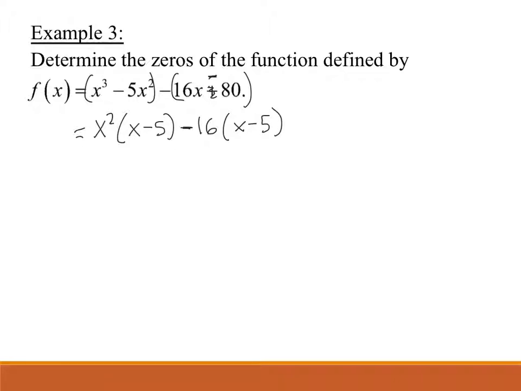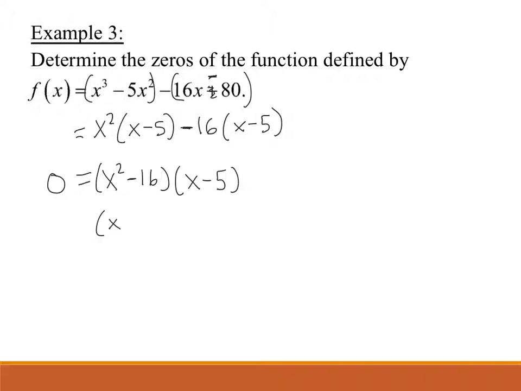And so this now becomes the following: we get x squared minus 16 times x minus 5. And now if we set this equal to 0, we can find the zeros, right?